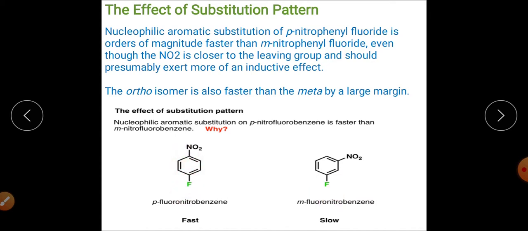But when an NO2 group or any electron withdrawing group is attached at the ortho and para positions with respect to the leaving group, they will increase the rate of aromatic nucleophilic substitution reaction in comparison to the position meta to the leaving group, right? So this is the effect of the substitution pattern on the aromatic nucleophilic substitution reaction.